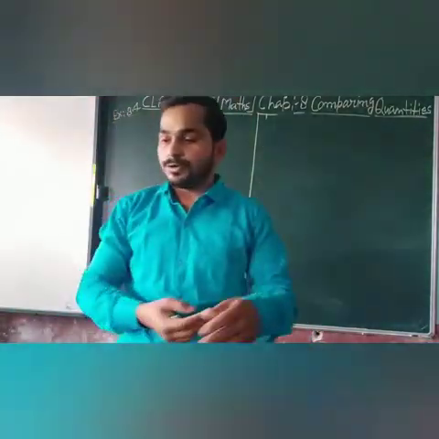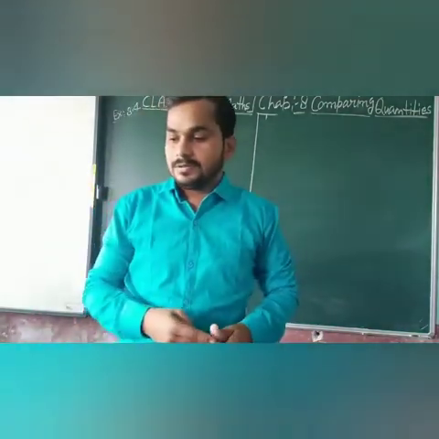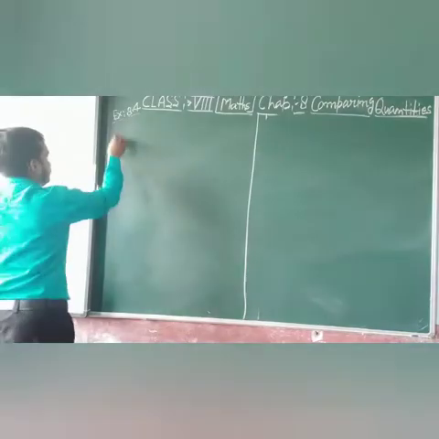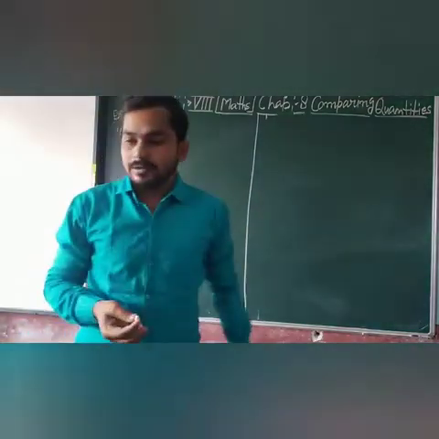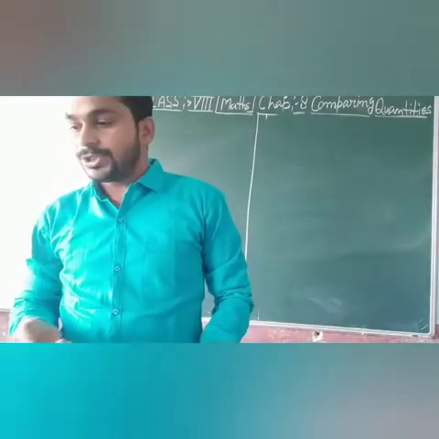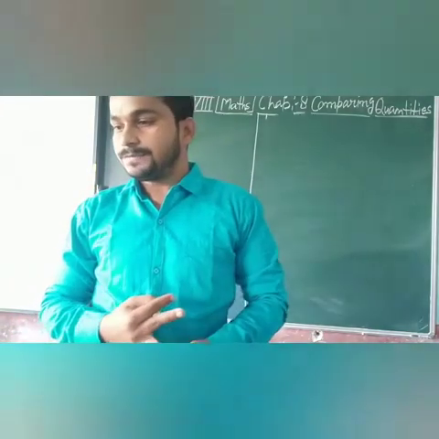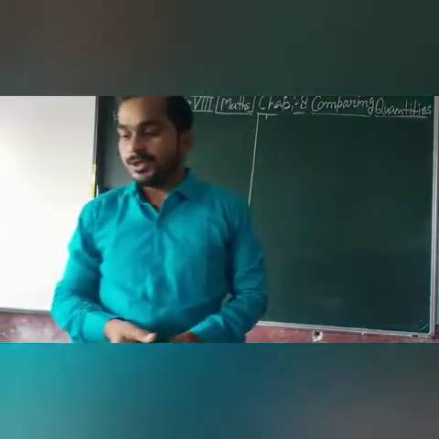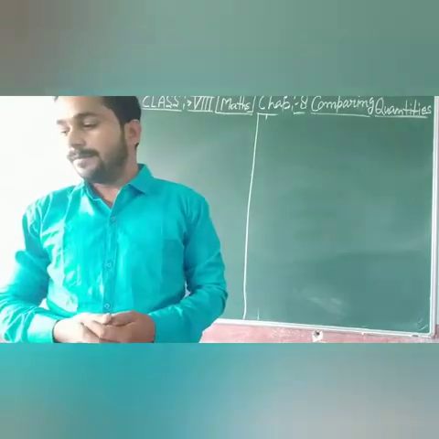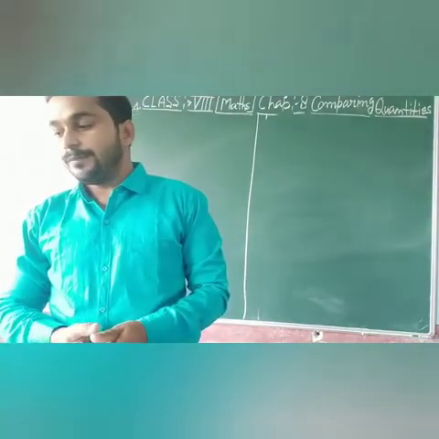Exercise 8.4, choose the correct answer. Question number 40. If the compound interest on a sum for 2 years at 4% per annum is 408 rupees, then the simple interest on the same sum at the same rate and for the same period is.